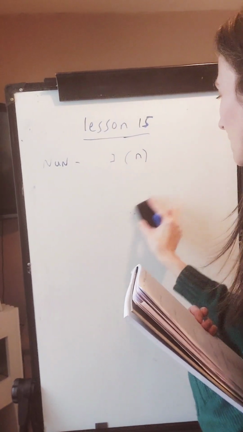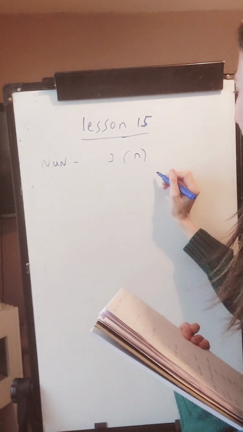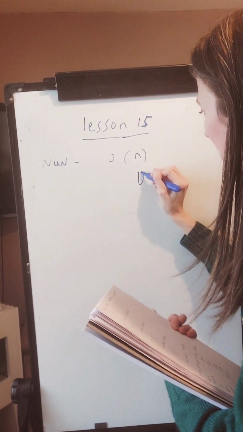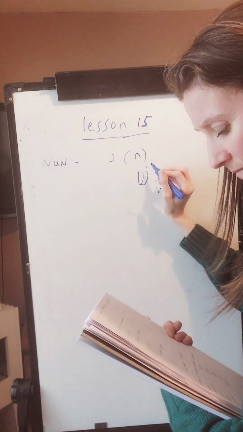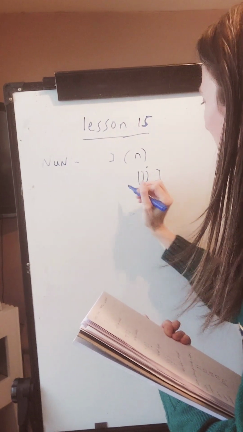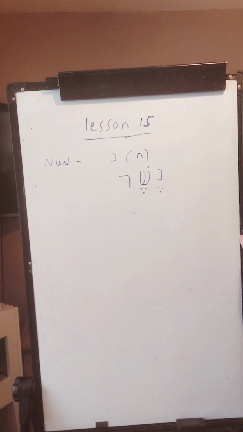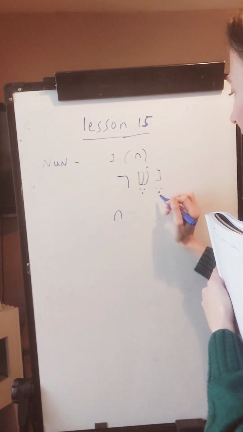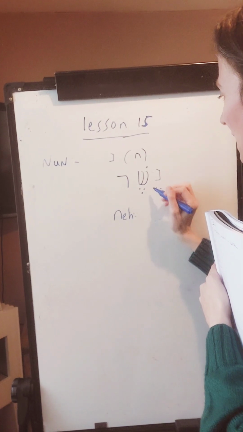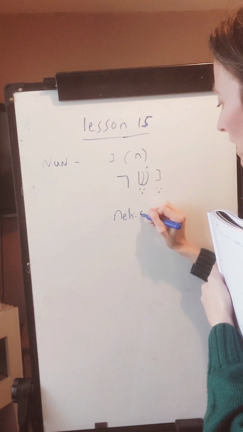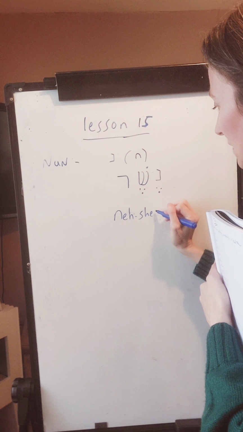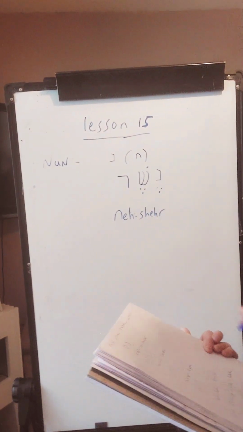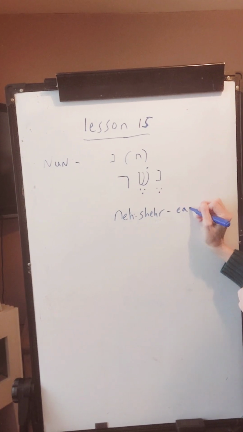And we'll do one more word using the noon. The noon sounds as n, the E vowel, ne, this is the Sheen, sha, with the E vowel underneath, and then the Resh, nesher, which is eagle.